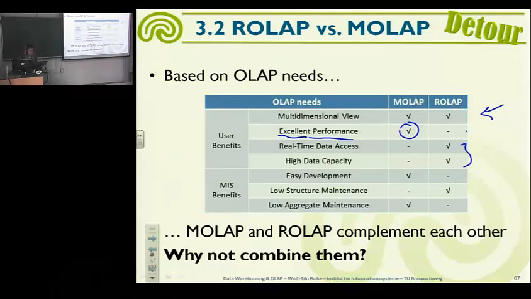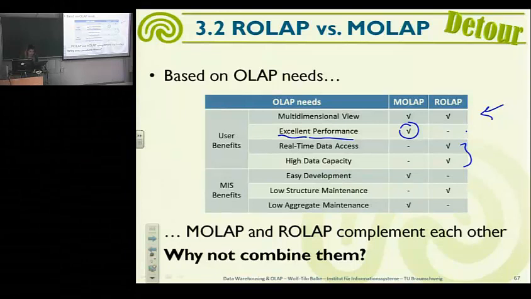In the ROLAP, an advantage is that you have real-time data access, because you can actually go and fiddle around in the tables. In the MOLAP, the data is rather big, and getting very deep into these classification levels is pretty hard, and it takes time. Unlike the ROLAP, where you have all these different schemas and they're normalized, and it's easy to drill down and go to the different granularities that you have.